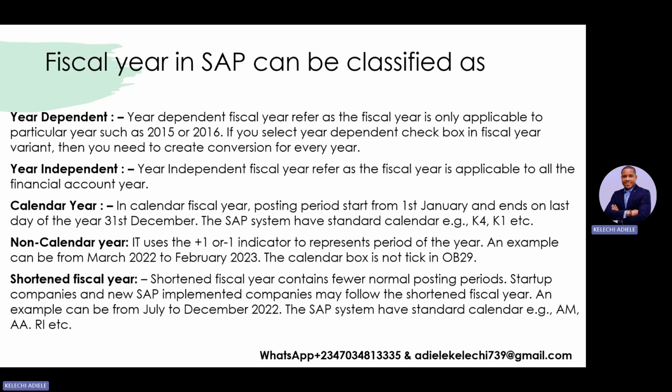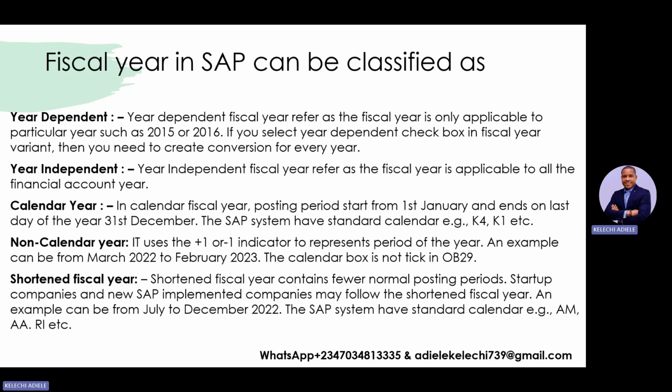So calendar year, as we have established, is January to December of that same year. Non-calendar year can spill over to the previous year. So we can have March 2024 to February 2025. That's a non-calendar year. And shortened fiscal year is a fiscal year that's not up to 12 months.